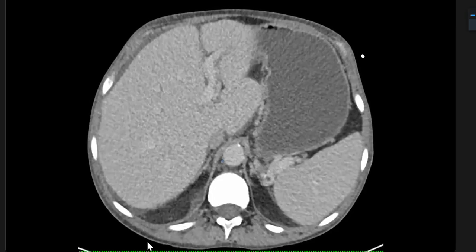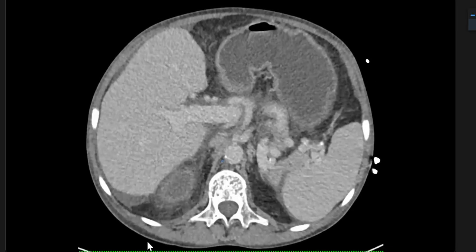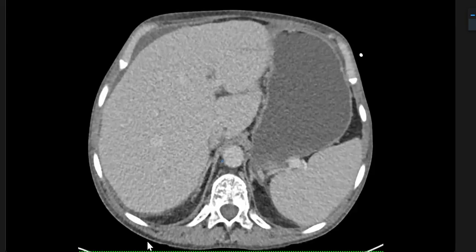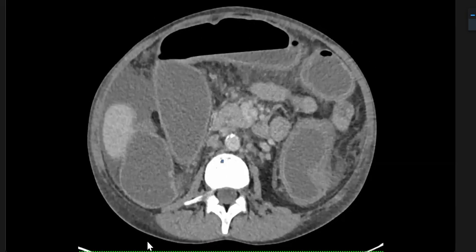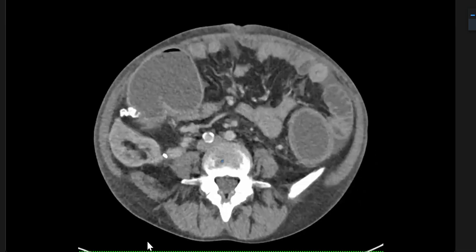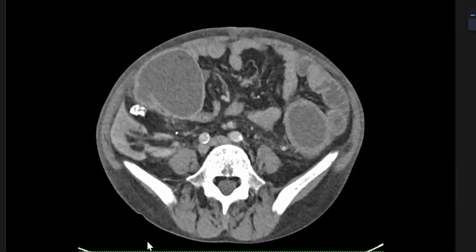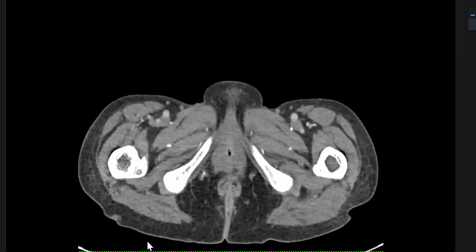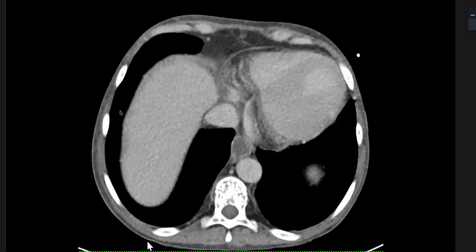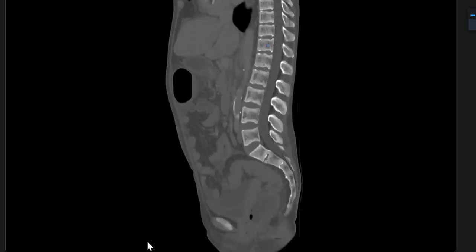Whenever you struggle, just look for the adrenals. And the right kidney is hardly seen. Then we have a transplanted kidney or pelvic kidney on the right side. This is further confirmed by the classic rugger jersey spine.